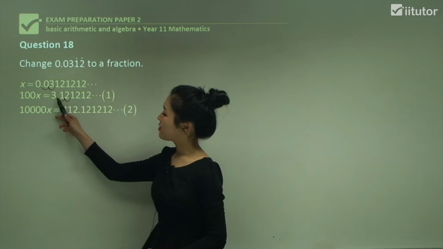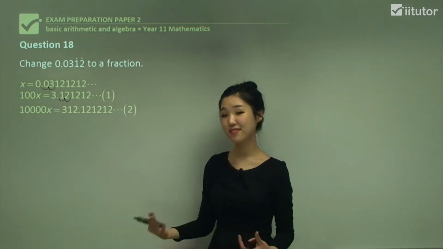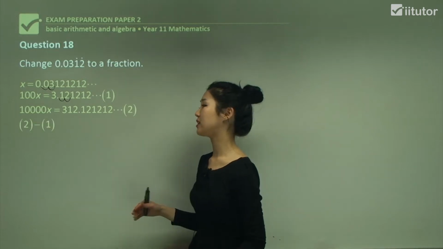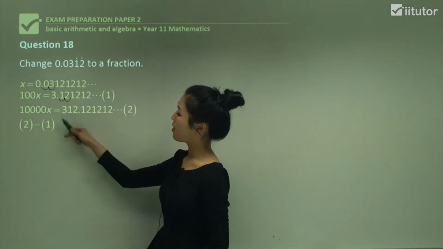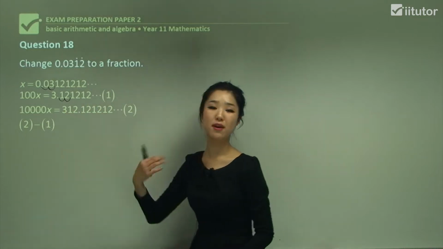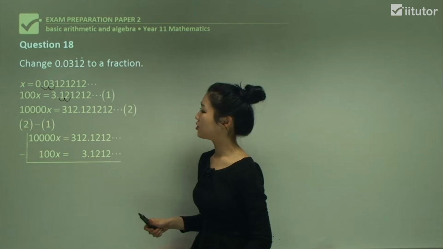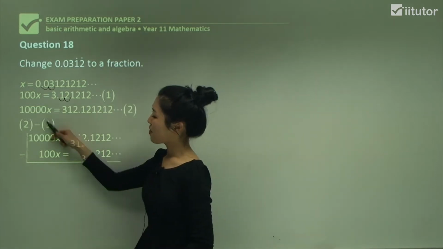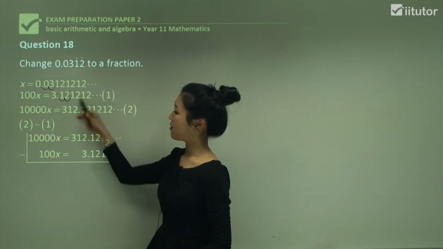So now you can see that after the decimal point, they're all 1, 2, 1, 2, 1, 2. It's the same. So if I do equation 2 minus equation 1, I know that those numbers will immediately cancel out. So I'll have 10,000x minus 100x, and then I'll have this number minus this number.